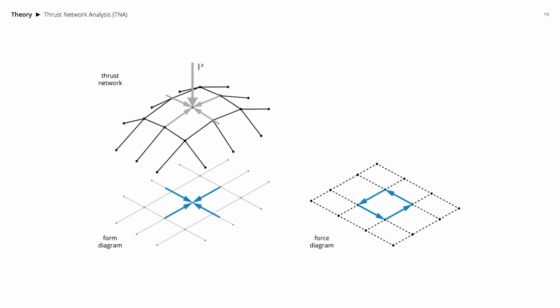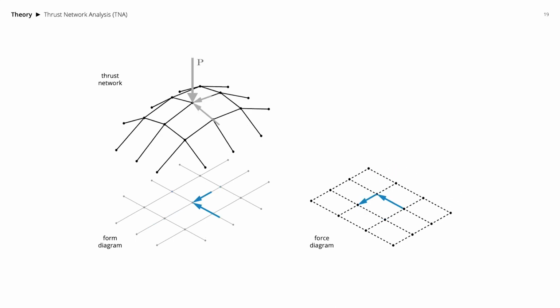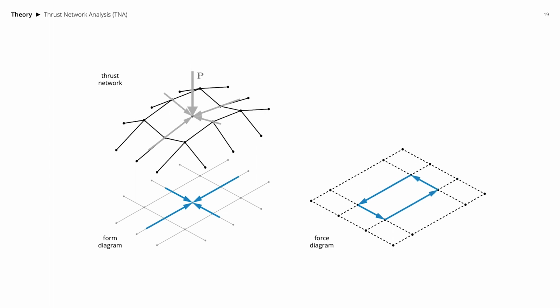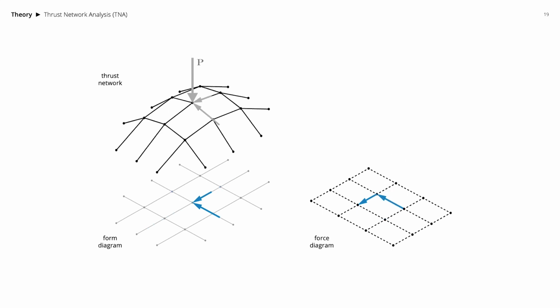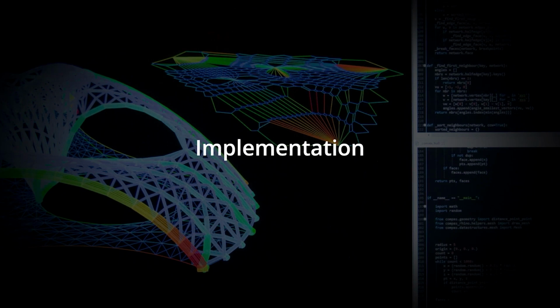The ability to control the form-finding process through precise and controlled modification of the geometry of forces is the key benefit that is exclusive to TNA. RhinoVAULT is the implementation of the theory, method, and form-finding procedures based on TNA.